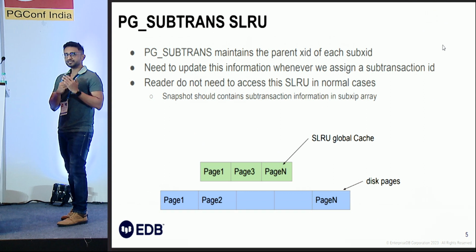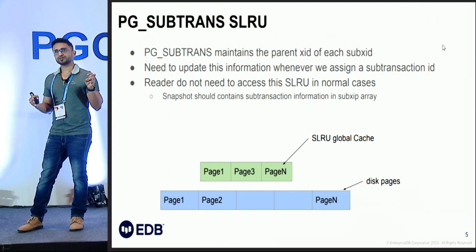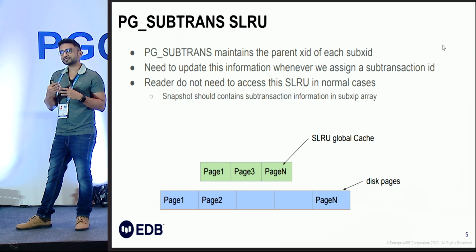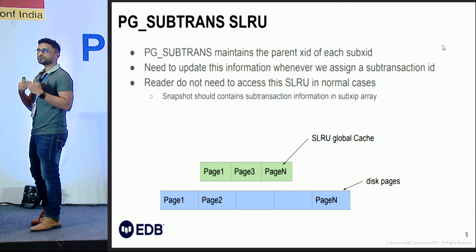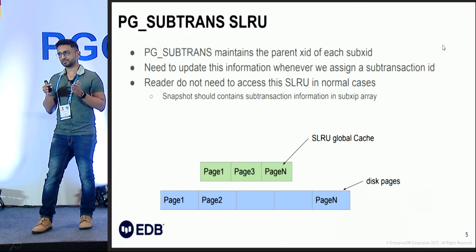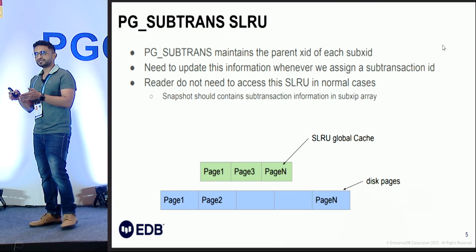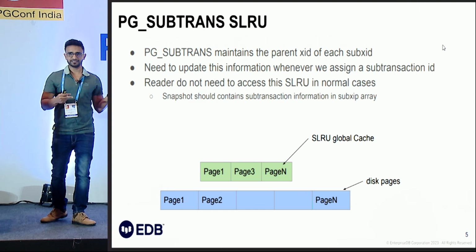With transaction IDs in the system, we have a 4 billion range, and for each XID there is 4 bytes of information available. From that, you can directly map to a slot, exactly which page of the SLRU that XID will be on, and for that XID slot, you can find its parent XID.